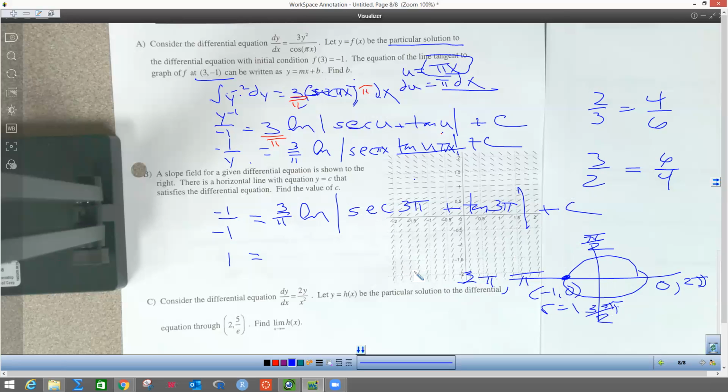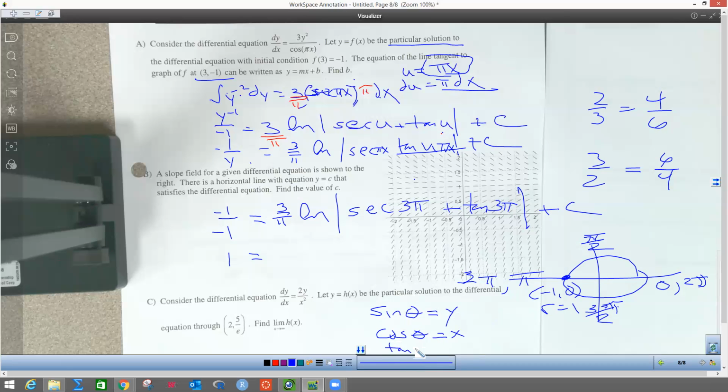Does anybody know what secant is? So we need some trig review, right? All right, so we're going to go through this. On the unit circle, sine is y, the cosine is x. Now we usually put them over r, but your r is 1, so y'all see what I'm not putting over r, because this is a 1. If you want to put them over r, it's over the radius.